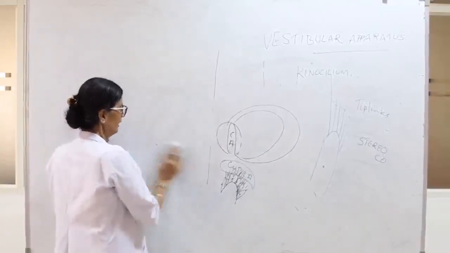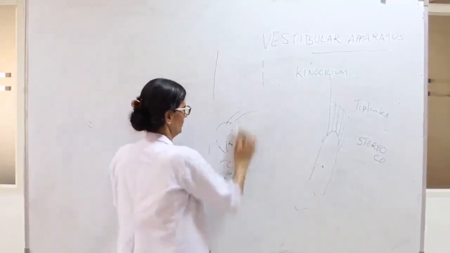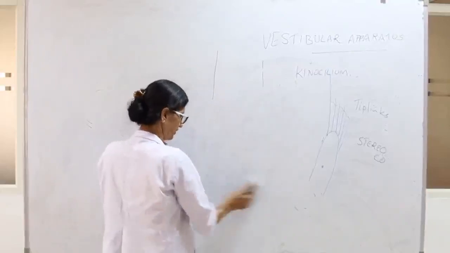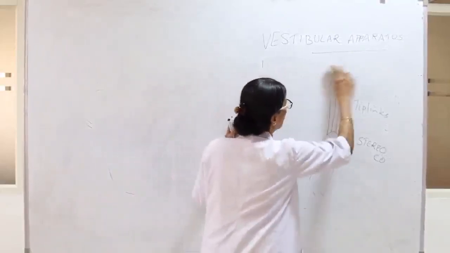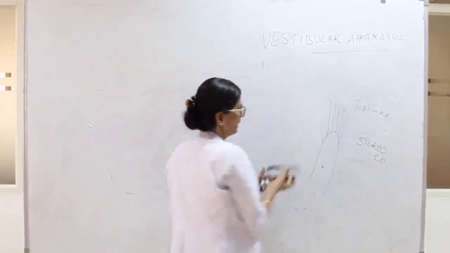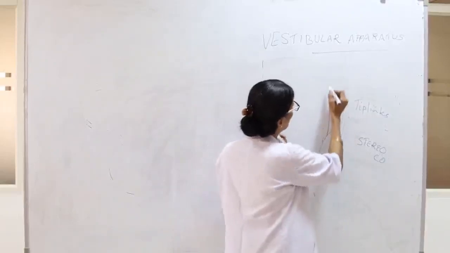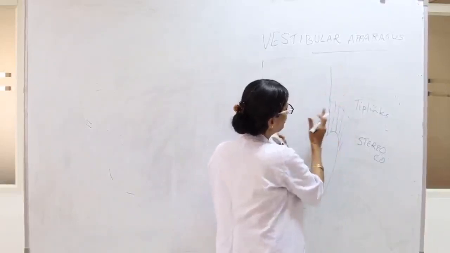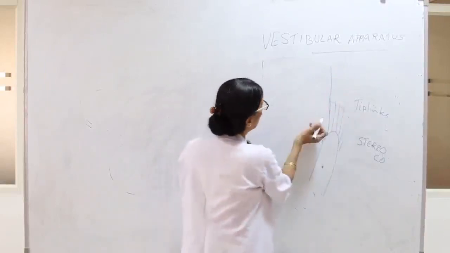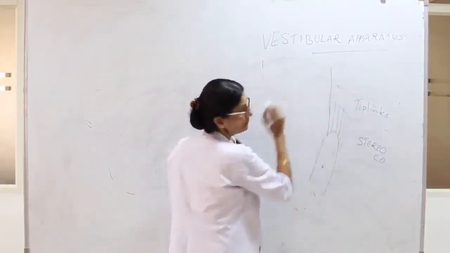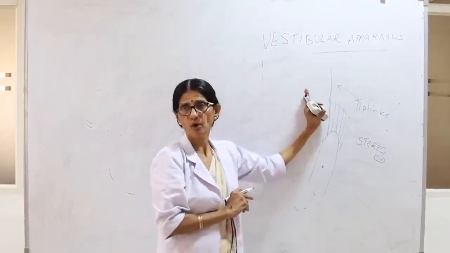Finally, we learn that it is the hair cells which act as the receptors. They are mechanoreceptors, and the distortion of these hair cells is responsible for producing a signal. The stereocilia and the kinocilium are attached through tip links. If the movement occurs towards the kinocilium, it produces a depolarizing signal.